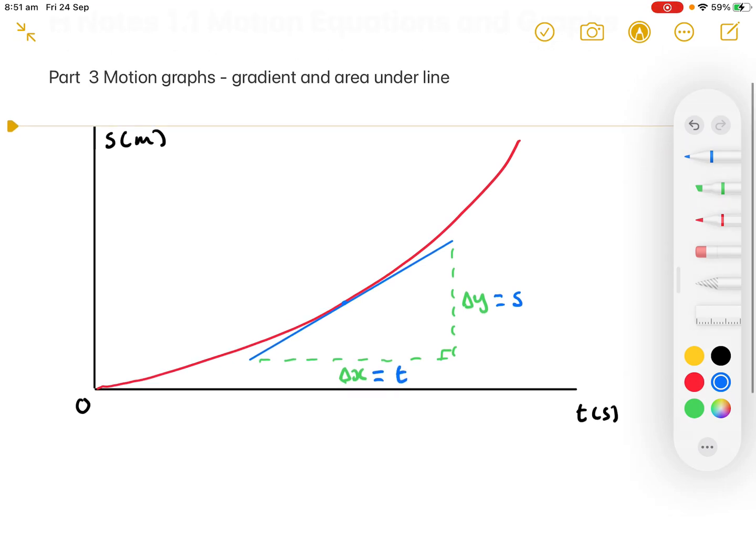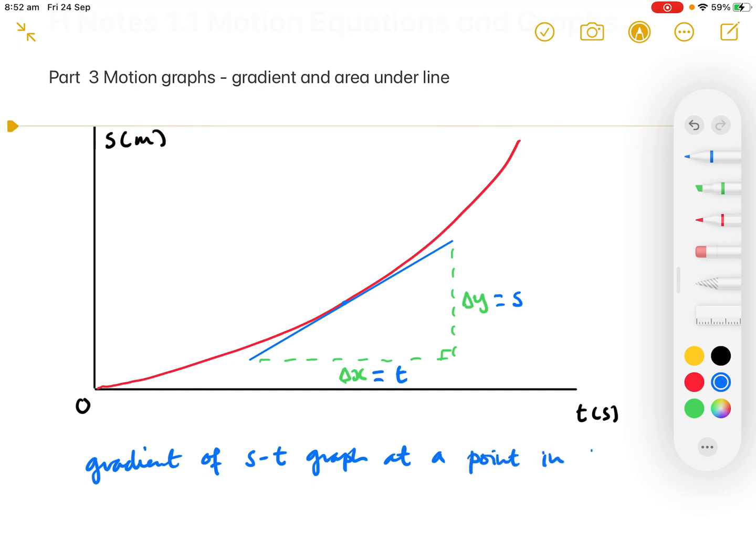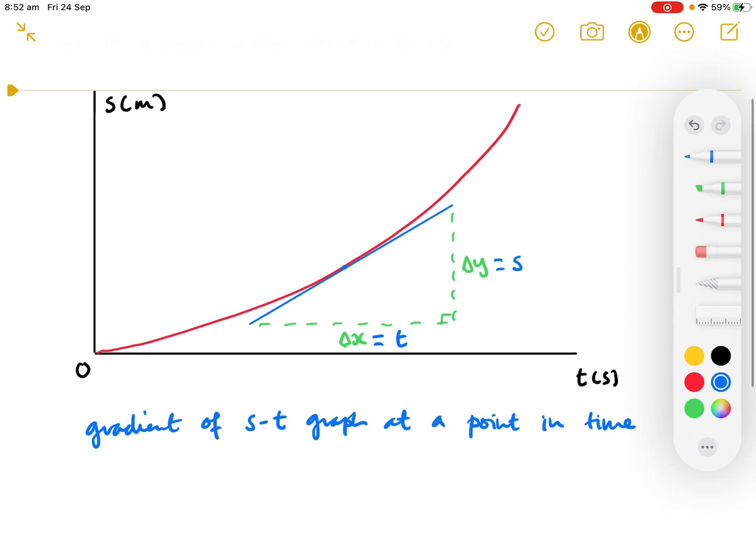So what we find then is that the gradient of the tangent at that point, in other words, the gradient of the ST graph at a point in time is basically equal to delta y over delta x, which in this case is s over t, which of course is v, velocity.